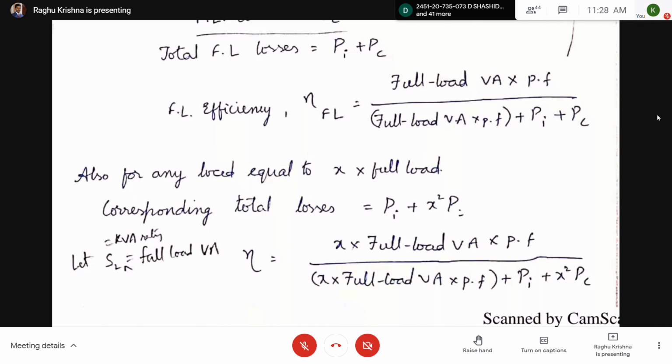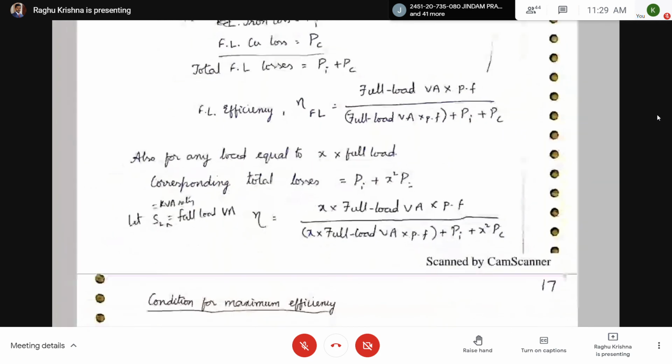Suppose X equals 1 by 2, then you get the efficiency at half full load. If the current is X of the full load, then efficiency equals X into full load VA into power factor divided by X into full load VA into power factor plus Pi plus X square Pc, because the total losses become Pi plus X square Pc.